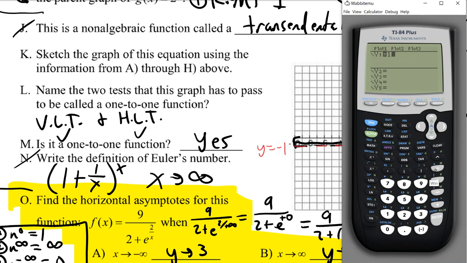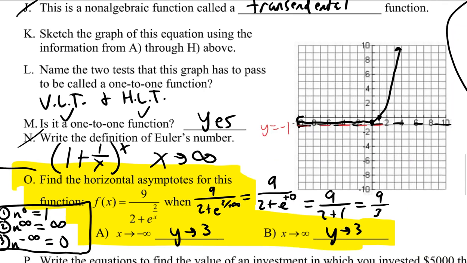Like if I tried to graph 1 over x plus 3, or let's say minus 3. Plugging in 3 is division by 0. And when you try to divide by 0, your numbers get really big and really small really fast. So one of them goes to infinity, one goes to negative infinity. This is an example of a vertical asymptote. But these graphs won't have vertical asymptotes.